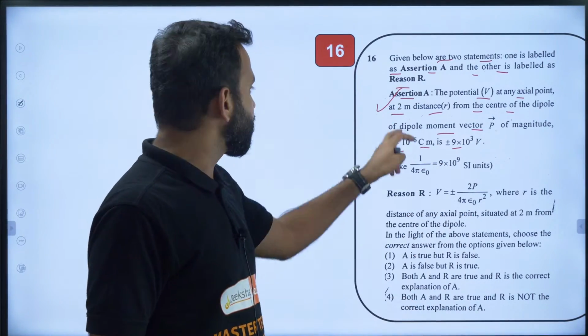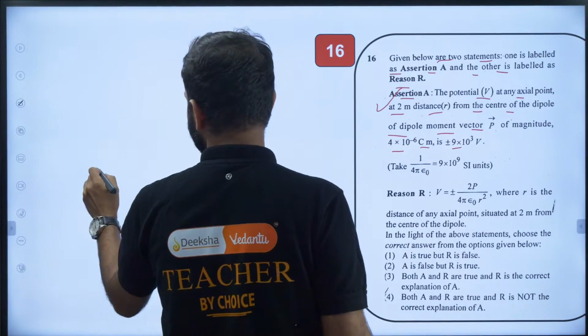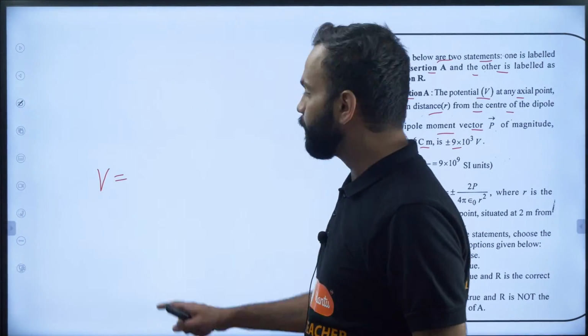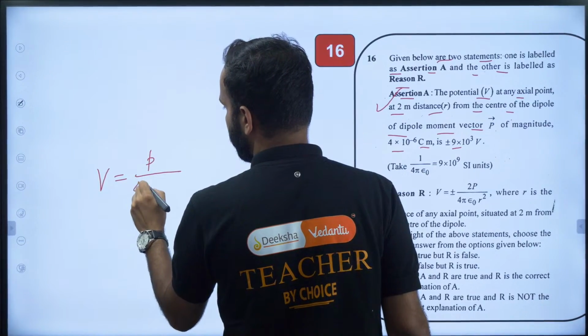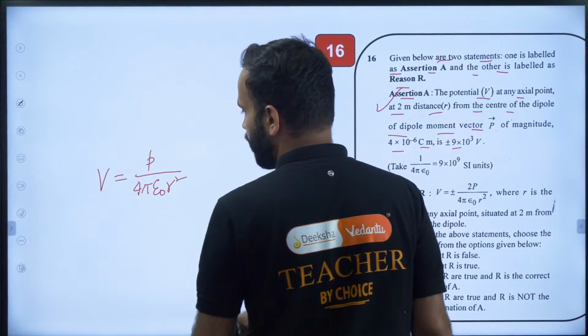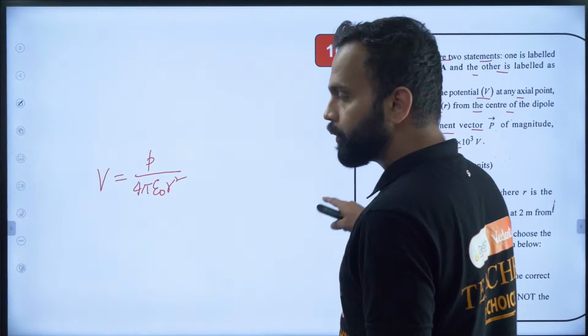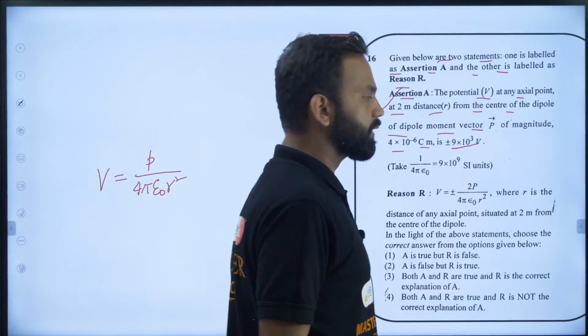This statement is correct. Why? We know that the electric potential due to an electric dipole is P divided by 4 pi epsilon naught r square. Substituting the given values, you will get 9 into 10 to the power 3 volt.